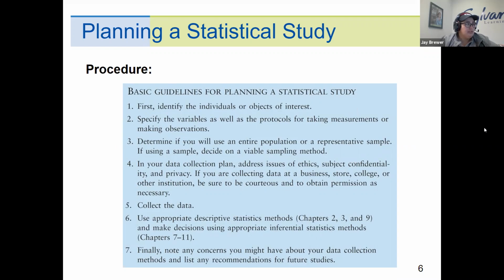Okay, so this is a basic procedure for planning a statistical study. You can write this down or you can take a screenshot, whatever's easiest for you. You definitely want to pay attention to this because even though I don't have it up yet, I tend to like projects better than exams.